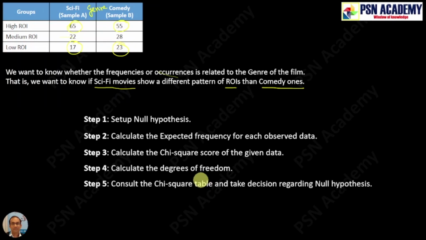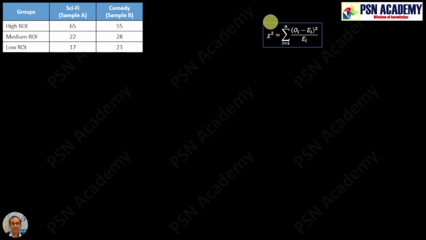And for step 5, you will have to consult the chi-square table, which is available everywhere in books, on the internet and other places. And then you have to take the decision whether your null hypothesis will be rejected or not rejected, right? So, here we go with the formula we have seen before.